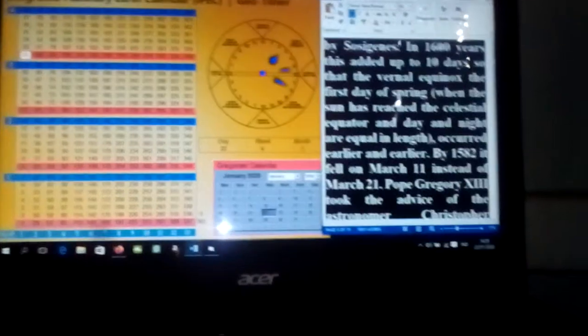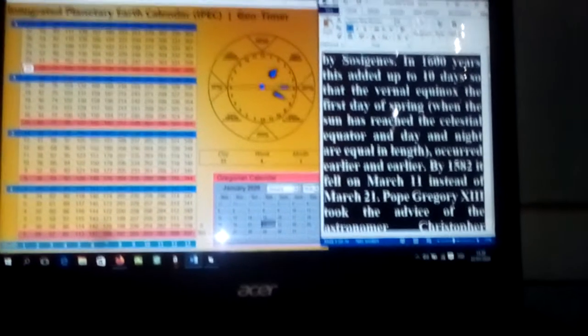By 1582, it fell on March 11 instead of March 21.